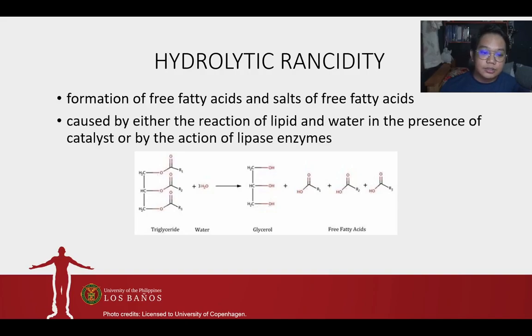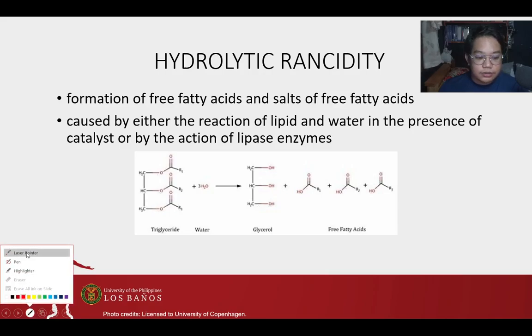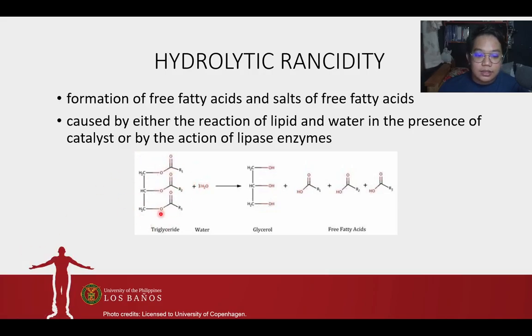So in here, it can either be caused by the reaction of lipid and water in the presence of catalyst or by the action of lipase enzyme. So as you can see here, yung ating triglyceride when reacted with water, nagkakaroon ng formation ng glycerol and free fatty acid. So this may take some time pero nangyayari ito. Kumbaga, nagkakaroon ng breakage of ester linkages dun sa ating triglyceride.